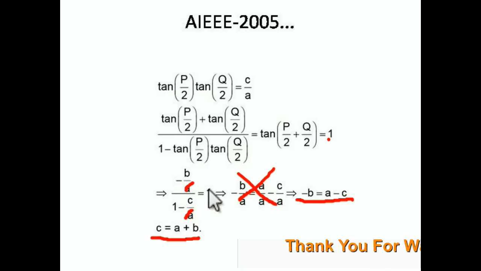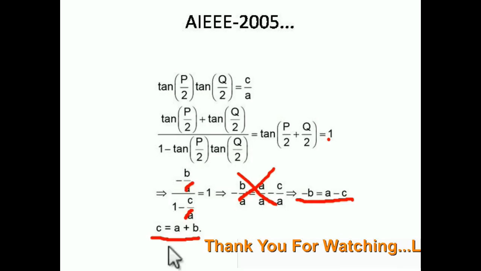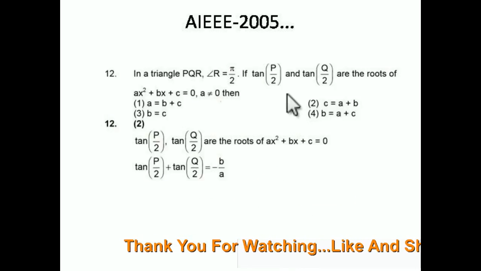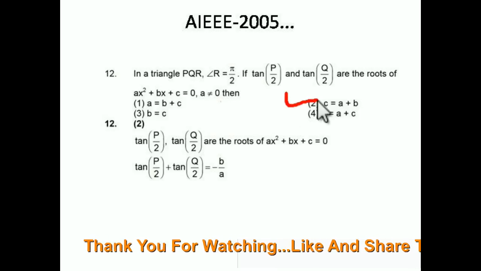Here we have a minus c, so minus b is equal to a minus c. Simple, a very simple thing. That means c is equal to a plus b. So option number 2 is my right option, that is c is equal to a plus b.